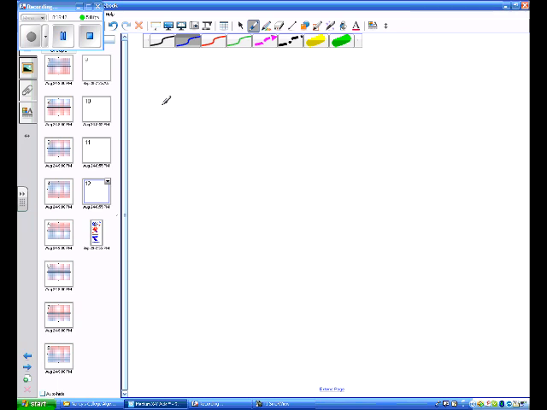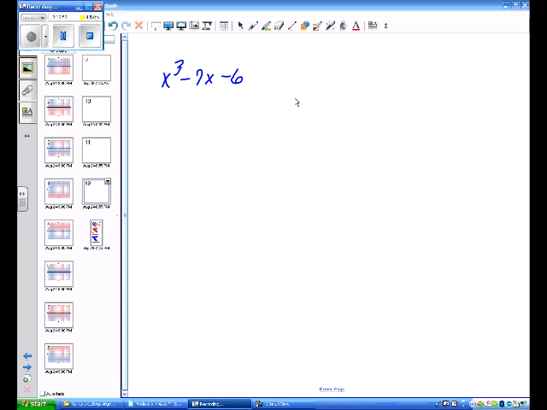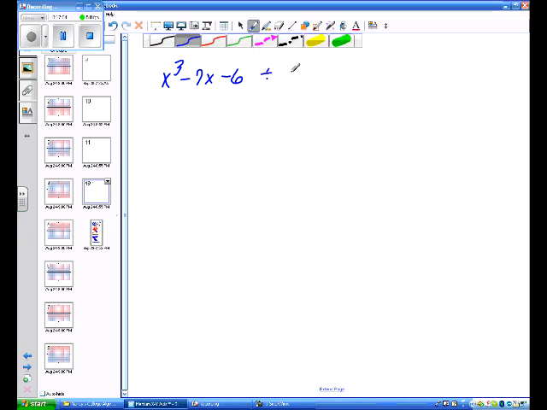You've just got to get used to the notation of it. So let's say that we have x cubed minus 7x minus 6 divided by x plus 2.